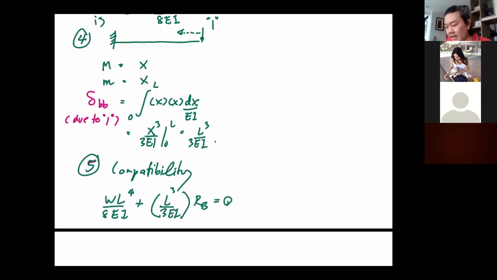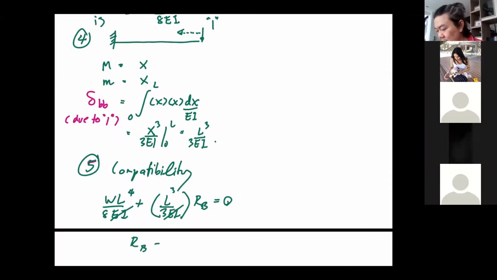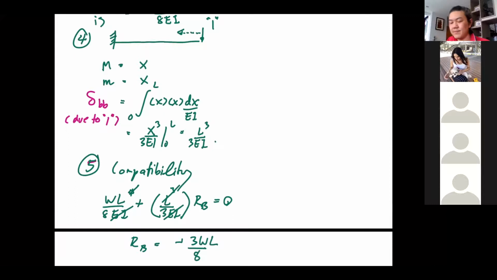In this case, EI will cancel each other. And so RB turns out to be minus 3WL over 8. Why is it minus?